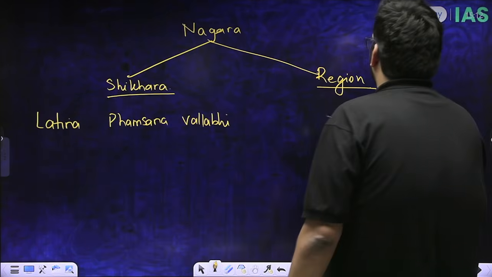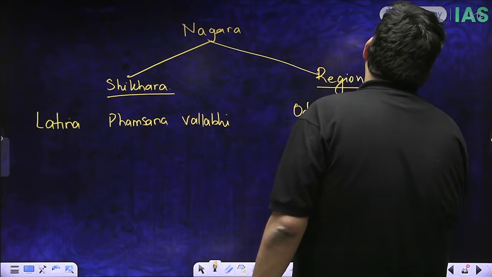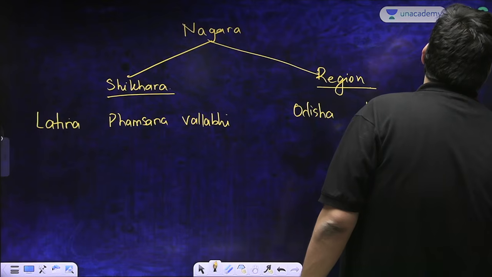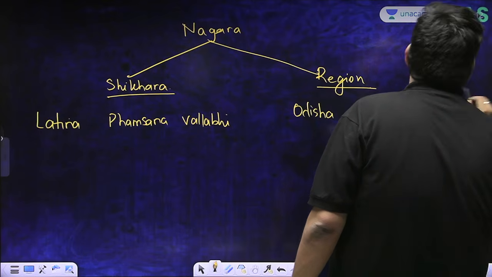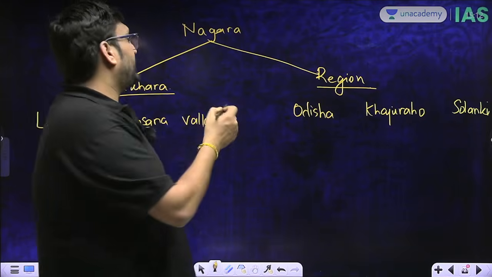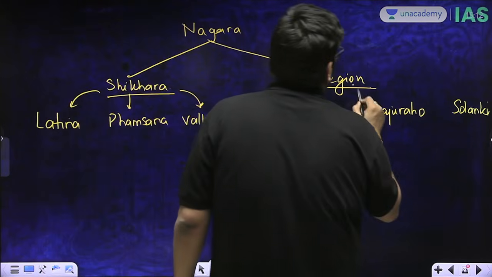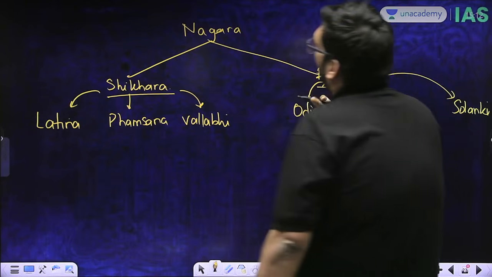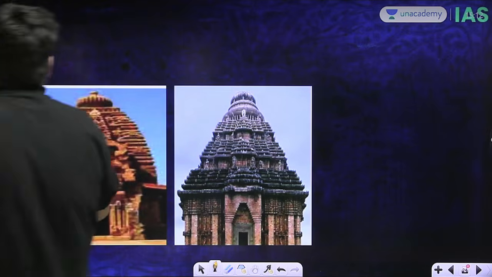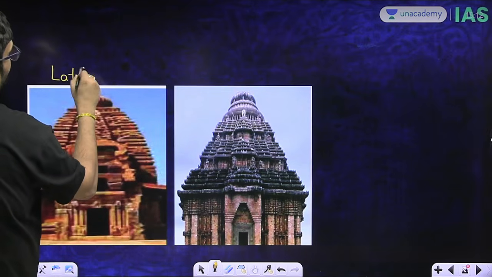Then for region, you have Odisha, the Khajuraho School, also known as the Chandela School, and the Solanki School. So three here, three here. Now, this is where students get confused, and you should know the exceptions and how Nagara is diverse. Now, when we talk about Nagara Shikhar, the first is called the Latina or Rekha Dyul.